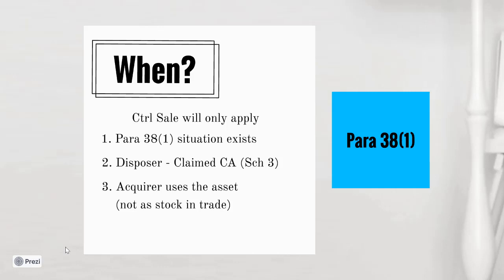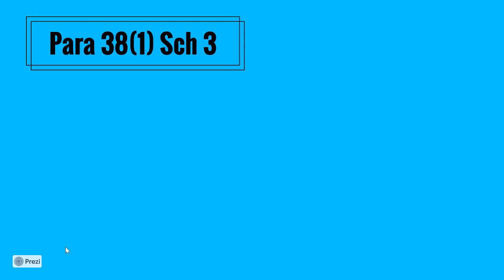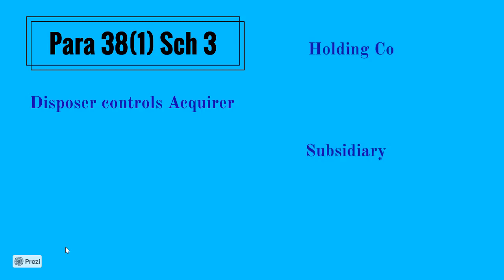Now, of all these 3, para 38(1) is the main technical aspect that you need to know, what does the law say. So what does para 38(1) Schedule 3 say? Number 1, when you have a case where the disposer controls the acquirer. Take for example, you have a holding company and a subsidiary. The holding disposes to the subsidiary.